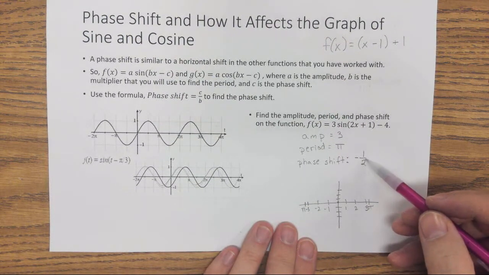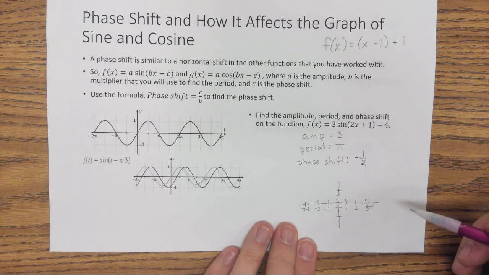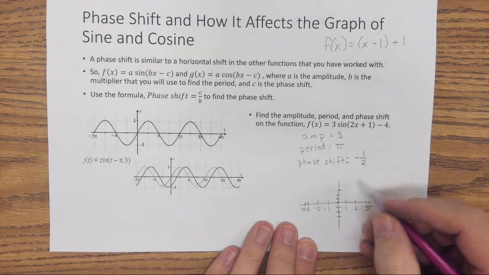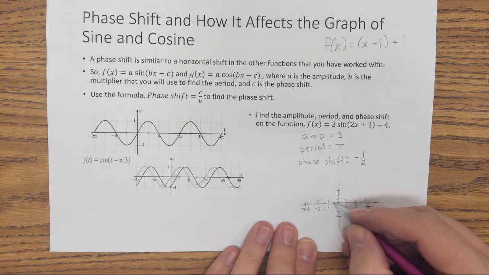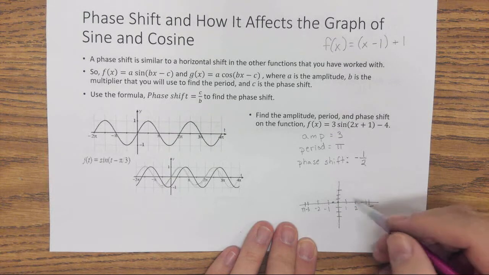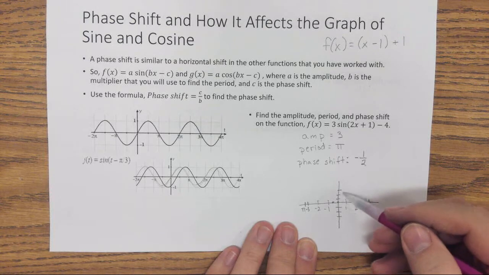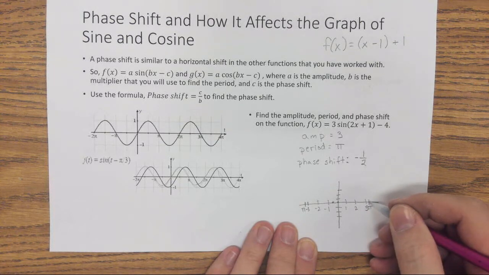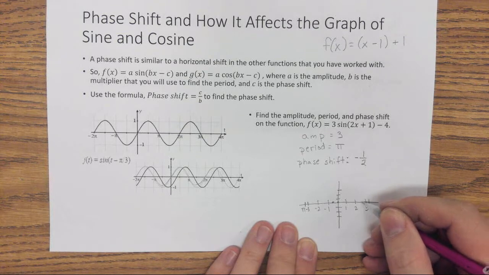This one, because it's a number that's not with pi, is a little weird. But in any case, this 1/2 is going to be halfway between here and here, and so all of our points are going to be shifted over that much. So pi is going to be down around in here now.